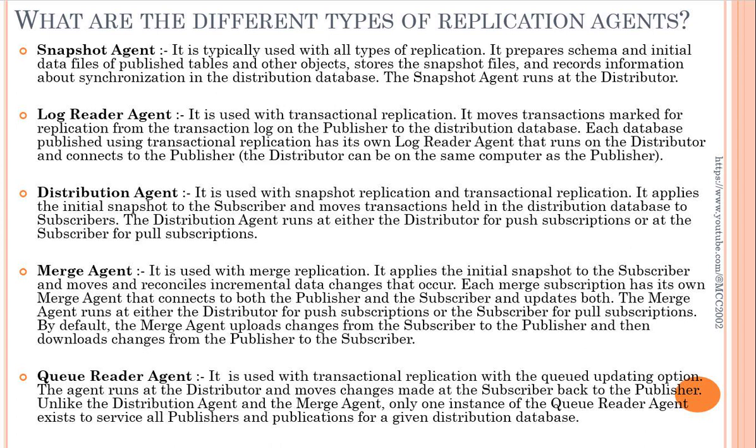Okay, merge agent. It is used with merge replication. It applies the initial snapshot to the subscriber and reconciles incremental data changes that occur. Each merge subscription has its own merge agent that connects to both the publisher and subscriber and updates both.